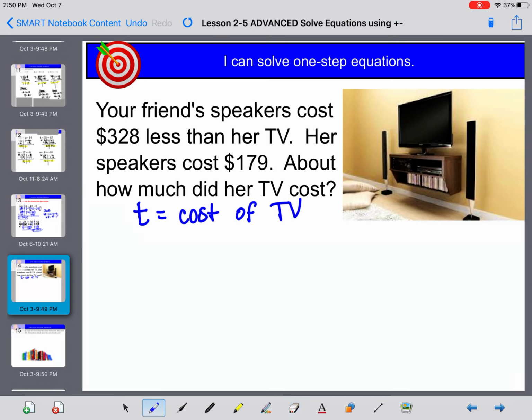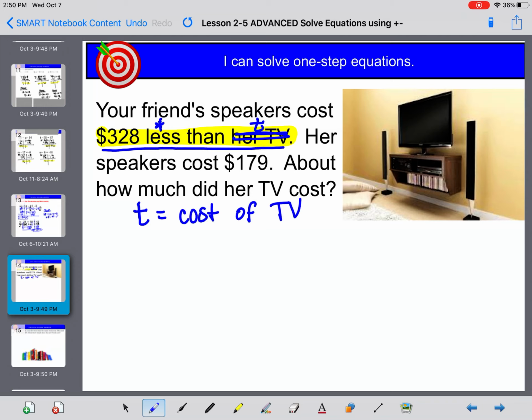Her speakers cost $179. About how much did her TV cost? I'm focusing mostly on this right here. $328 less than, so that's one of those that tells me that the order is reversed. $328 less than her TV, and her TV cost is, we're going to cross that off and call that T.